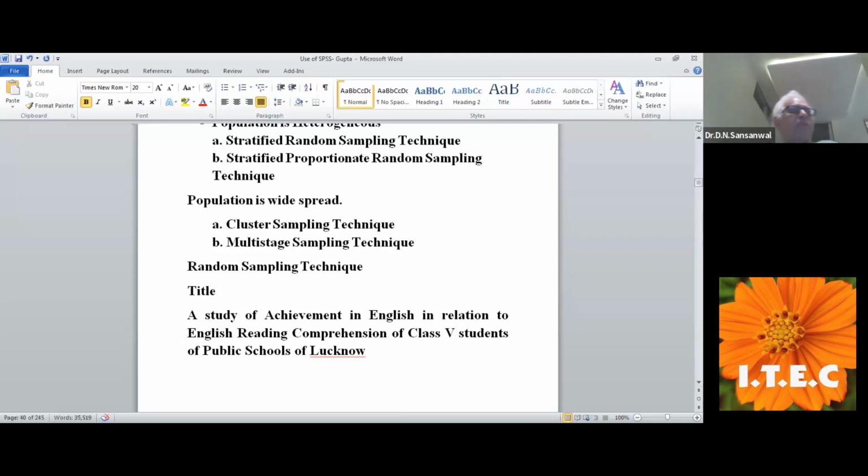Now, from the title, can you tell me whether you will be using the random sampling, or the systematic sampling, or the stratified random sampling, etc.? Is it possible to know from the title or not?